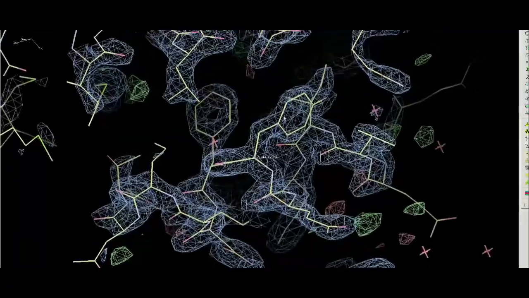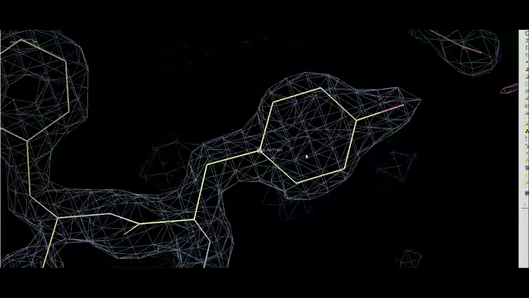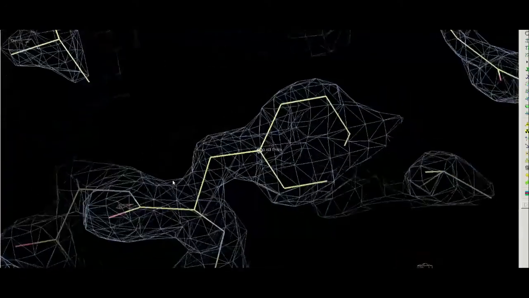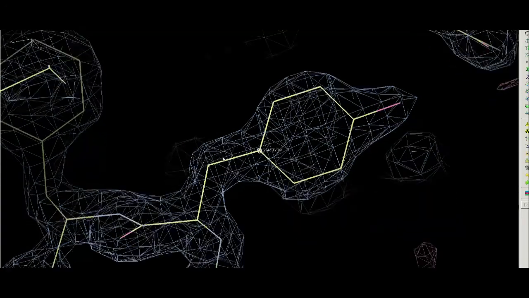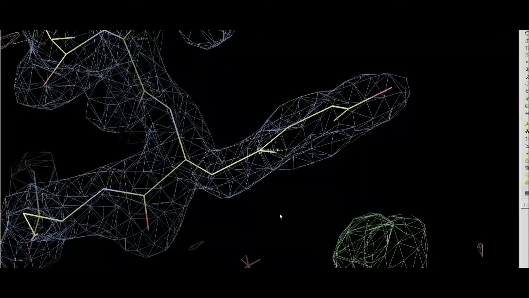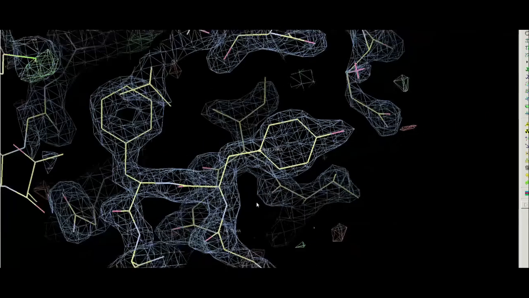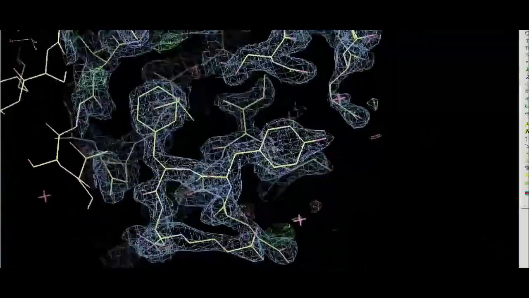So by modeling in an atom right there, I'm saying I'm calculating that there is going to be electron data right here, and then if there's observed electron data there, then it will turn blue and say, yeah, that corresponds. You said that there was going to be electron data there, and that is what was found. And so then it turns blue like that.